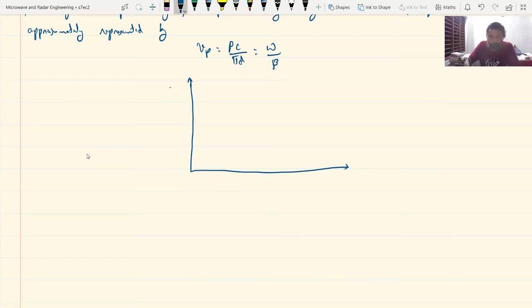So I will draw the figure, the Brillouin diagram, which shows the relation between omega and beta. This is omega, this is beta. This figure is called the omega beta diagram for a helical structure.